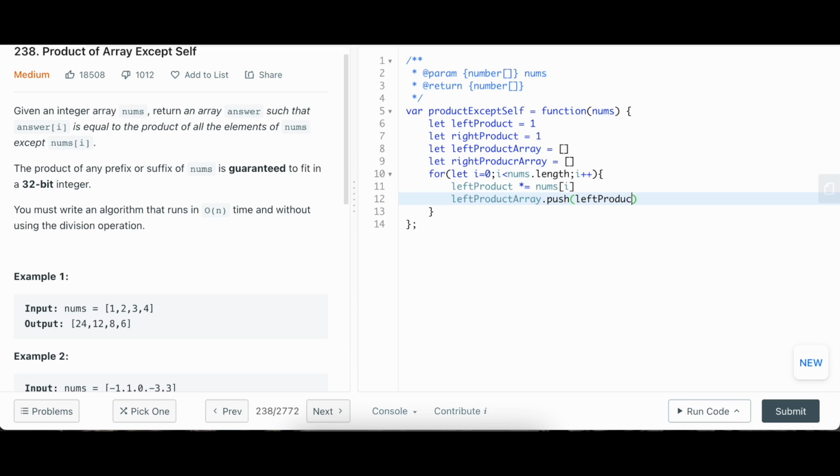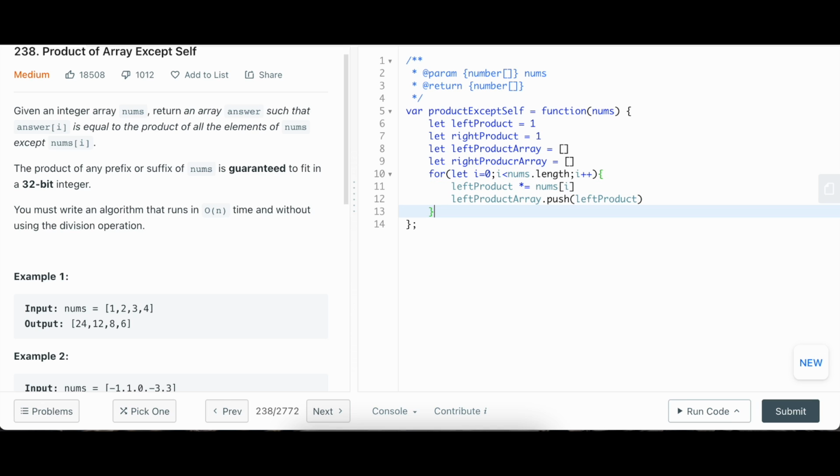That's it. Is this making sense? We are going with the assumption that the current index in this left product array will have the product of all the elements, including the current element. So we multiply it with the existing product that we have, and then we push it into our array. So that's it.